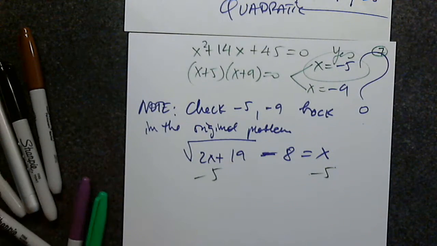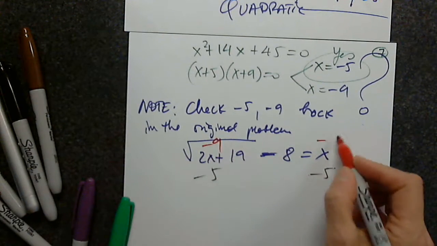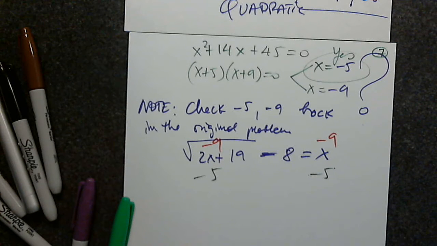Now I'm trying -9. Ready? So 2 times negative 9 is negative 18. Negative 18 plus 19, not negative, 1. The square root of 1 is 1. 1 minus 8 is minus 7.